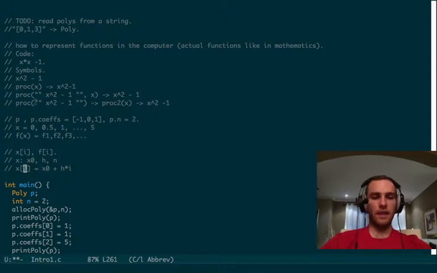So x of 0 is x0, x of 1 is x0 plus h, and so on, right? So you don't need to store everything. It's redundant. You can compute it on the fly like this. But if you need particular values, you can store x and store f and do this.